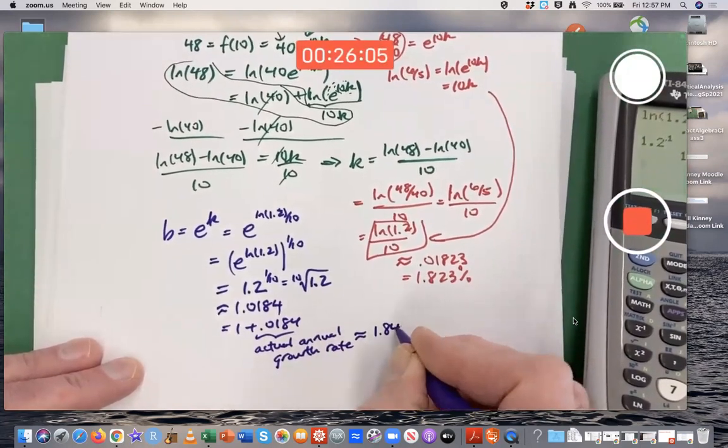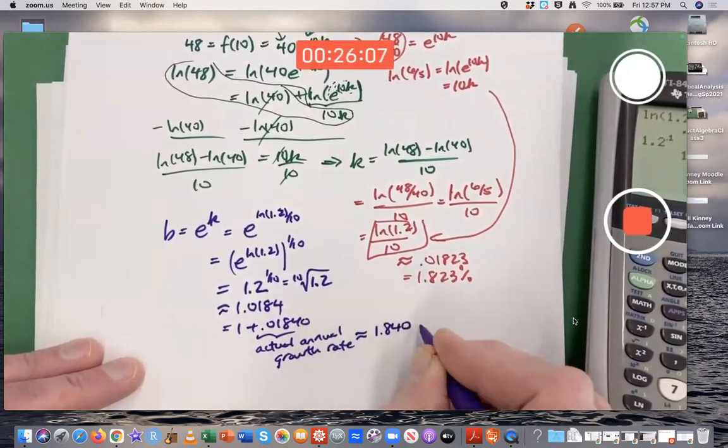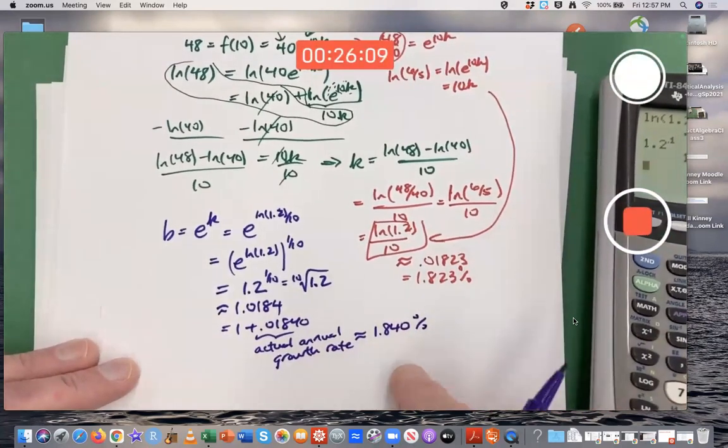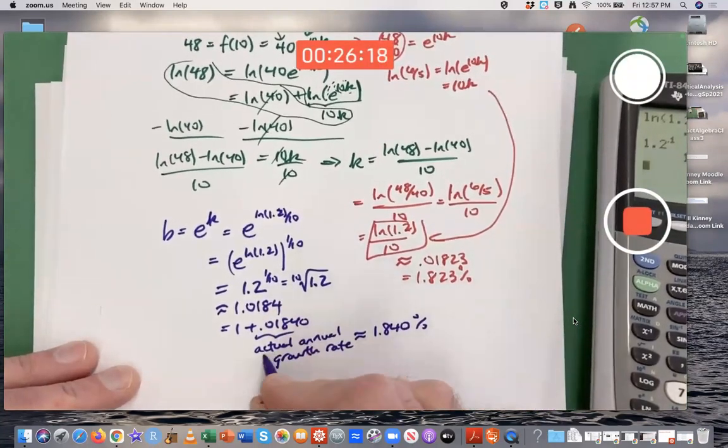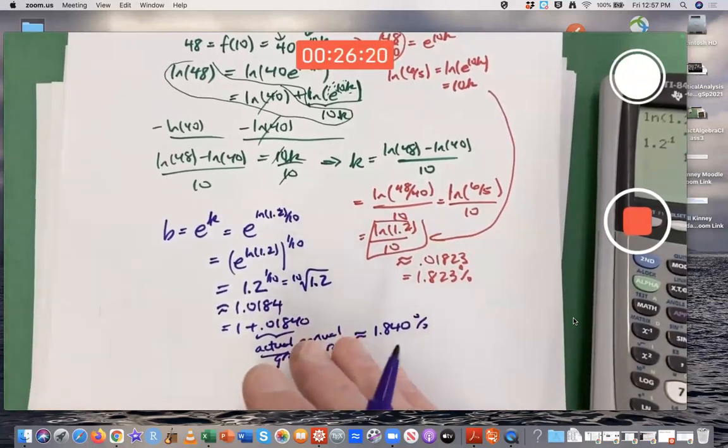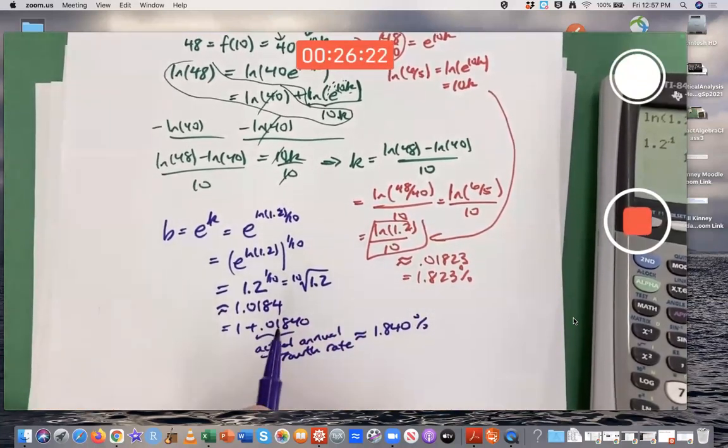A little bit bigger than this continuous growth rate. Realize this actual annual growth rate is how much the population actually grows every year by that percent.